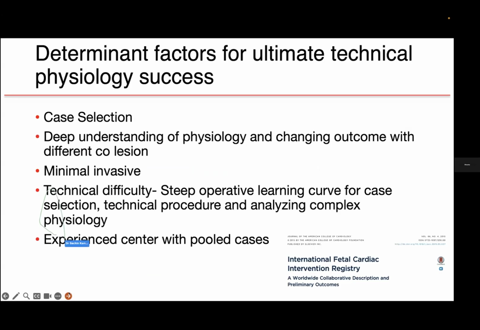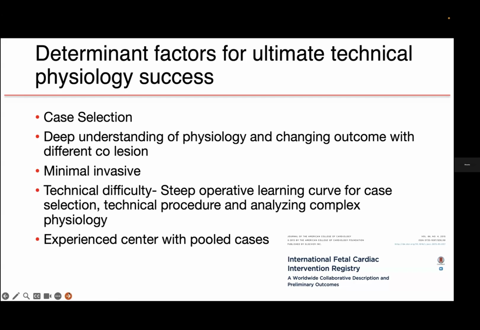So case selection, deep understanding of physiology, understanding the longitudinal follow-up, changing fetal hemodynamics and associated co-lesions are very important determining factors in your ultimate outcome for biventricular repair.